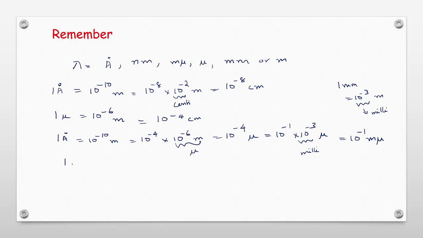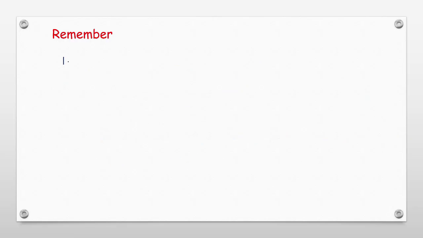Next is 1 nanometer is equal to 10 raised to minus 9 meters, which is equal to 10 raised to minus 7 centimeters. 1 millimicron is equal to 10 raised to minus 3 micron. So 1 micron is equal to 10 raised to 3 millimicron.